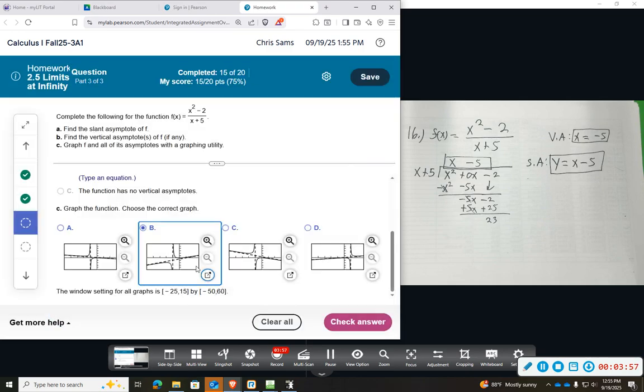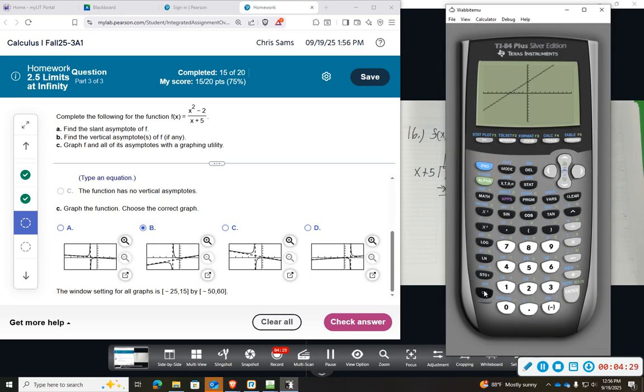If you look at the bottom, it says the window setting is negative 25 to 15, so this graph is shifted over, going all the way to negative 25 and only up to positive 15, and the y is going down from negative 50 to 60. We can graph it if we want, but it looks like B is probably going to be our graph when we look at where the vertical asymptote is on the left side of the y-axis.